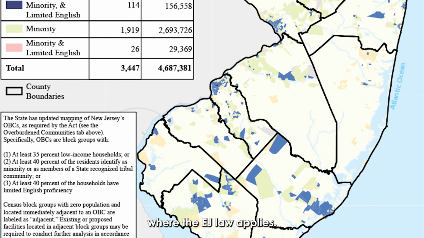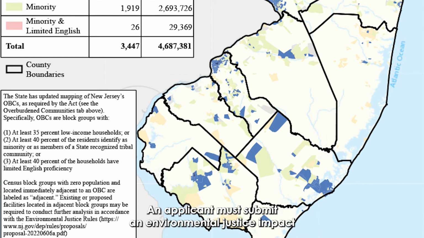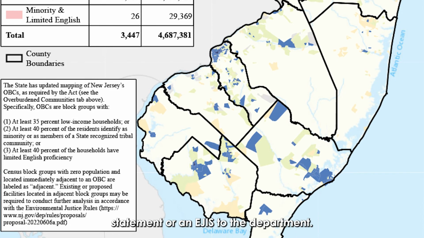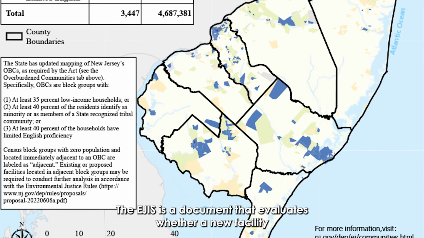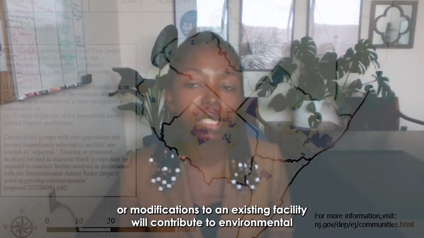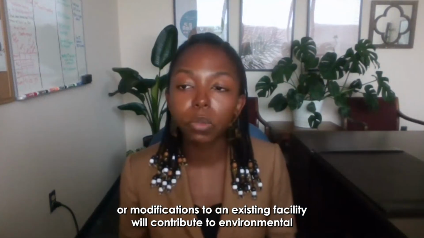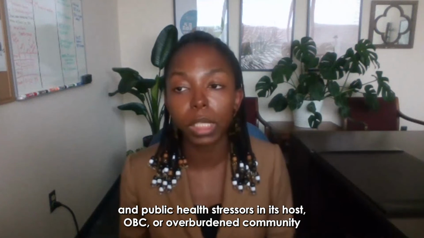Where the EJ law applies, an applicant must submit an environmental justice impact statement, or an EJIS, to the department. The EJIS is a document that evaluates whether a new facility or modifications to an existing facility would contribute to environmental and public health stressors in its host OBC, or overburdened community.